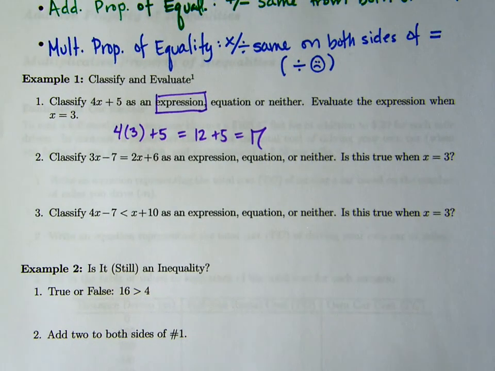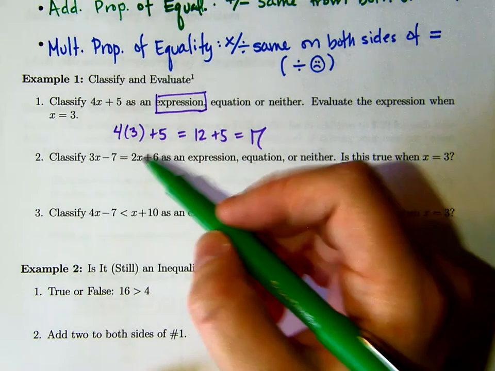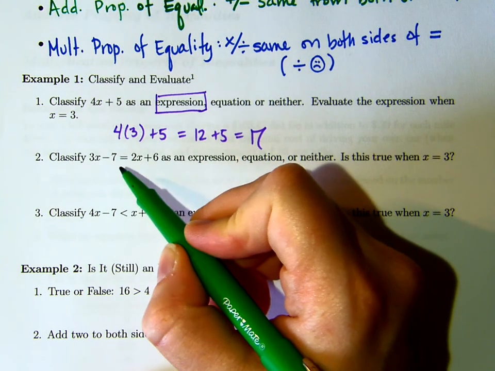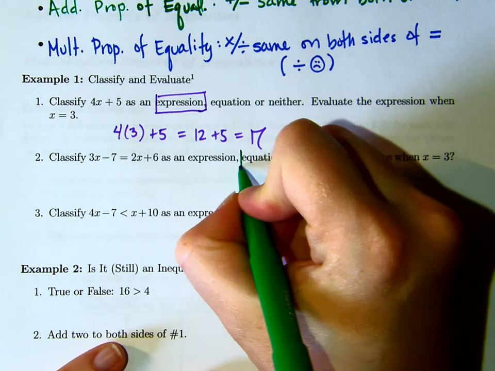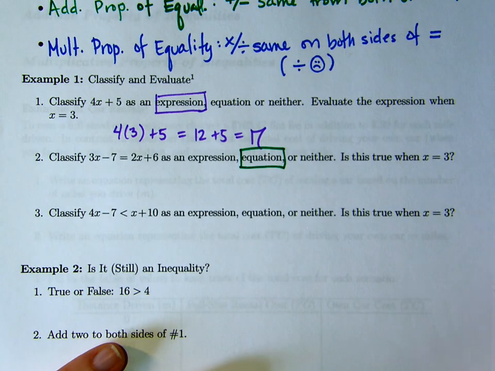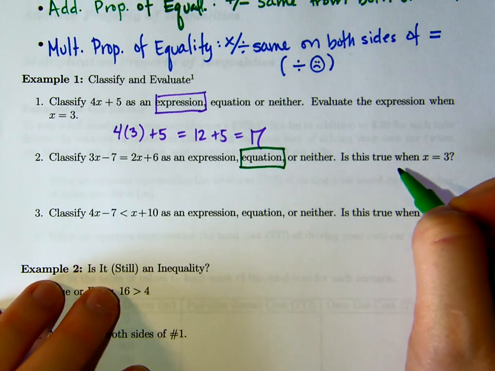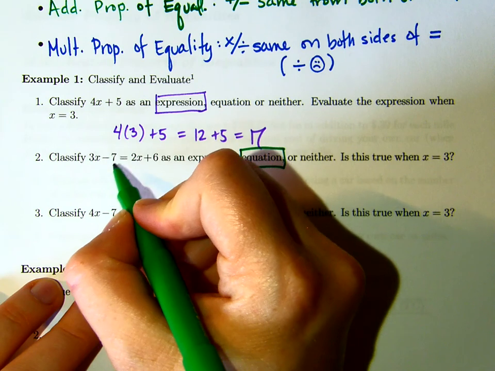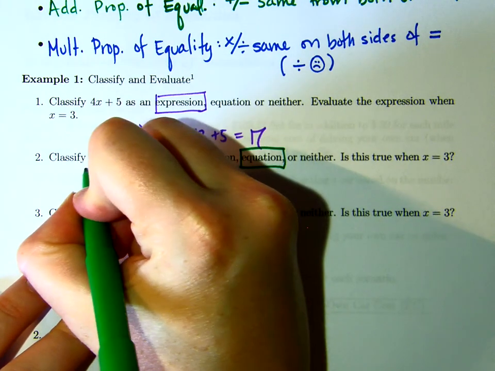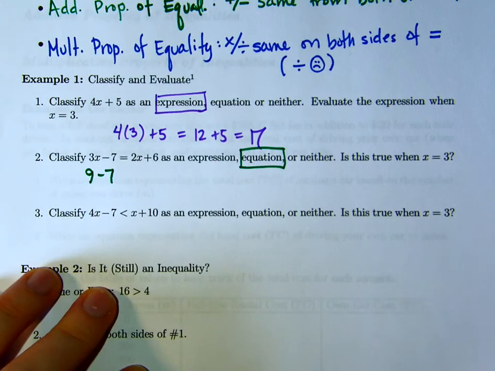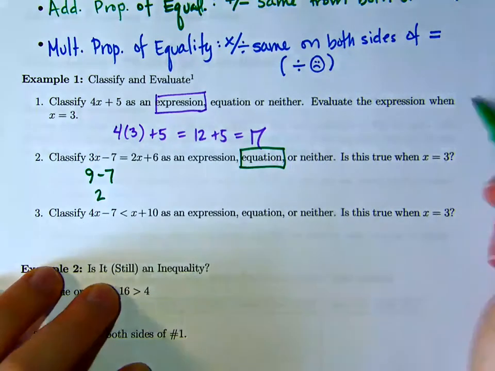Number 2, classify 3x minus 7 equals 2x plus 6 as an expression, equation, or neither. Well, we see this happy equality here, this equal sign, and that turns it into an equation. Is it true when x equals 3? Well, let's work it out. Triple the 3, subtract 7. That would be 9, take away 7, 2.